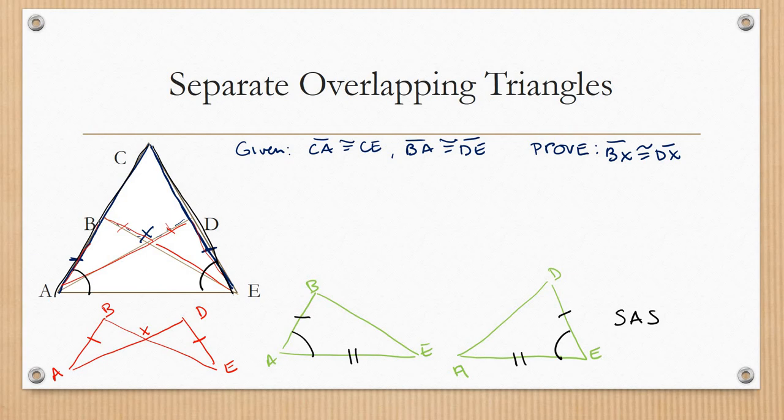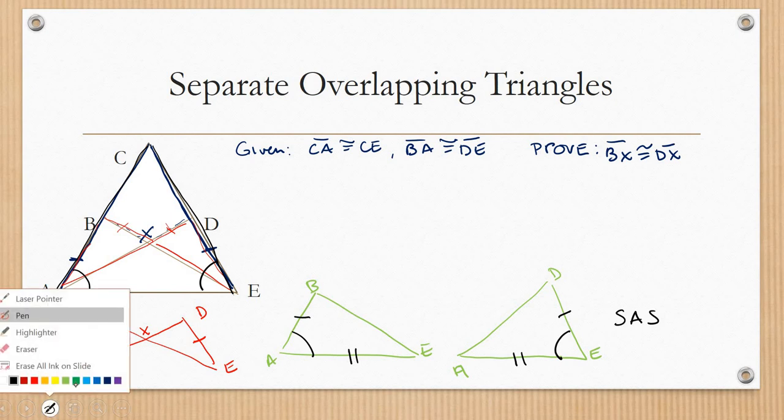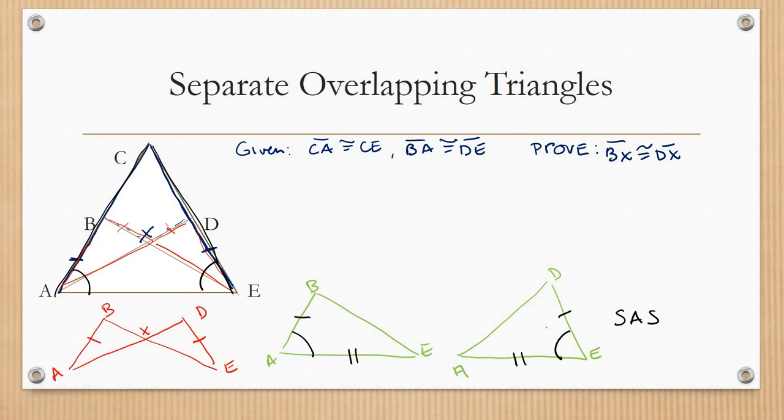So let's take a look back at my original drawing. Now I can do some transferring of parts. So if I look at the fact that in my congruent triangles, angle D and angle B are also congruent, I can put those in here. So I'm getting there. I've got a side and an angle. If I use my vertical angles, I can prove congruency here.